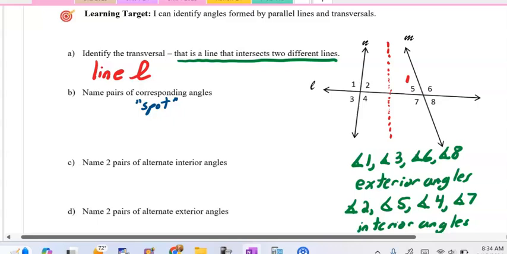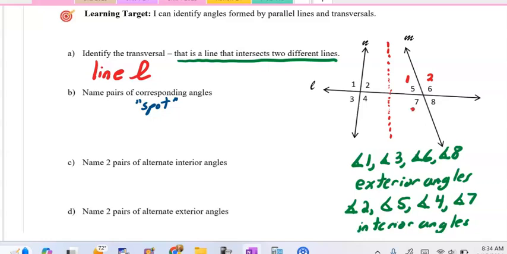They're not exactly the same. 2 would be on top of 6. 3 would be on top of 7. And 4 would be on top of 8.